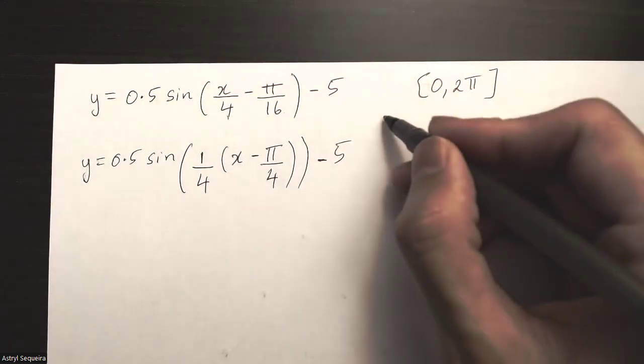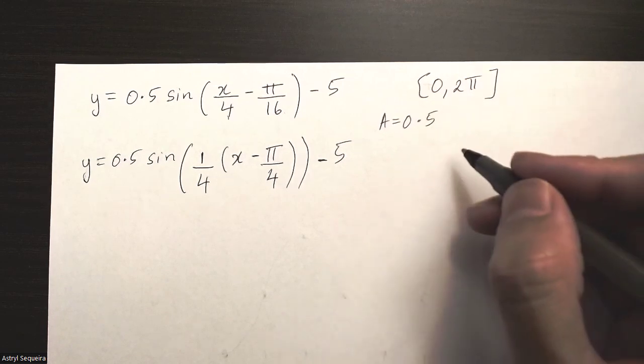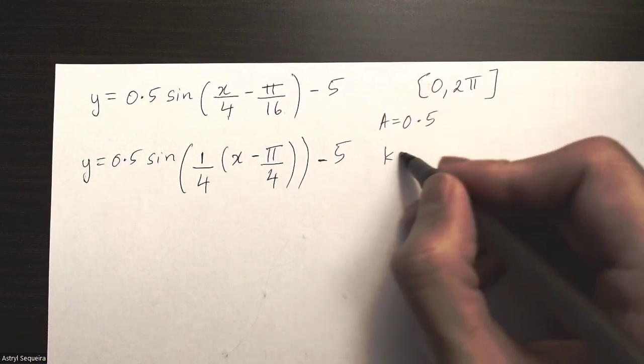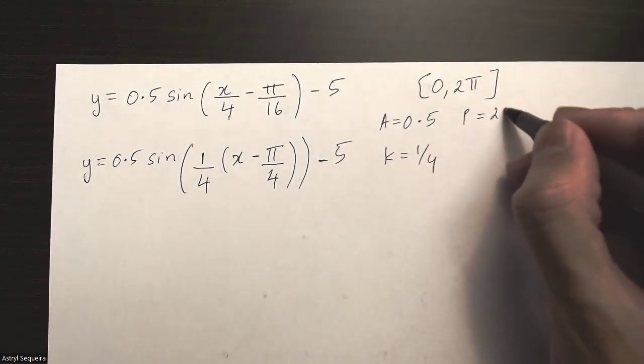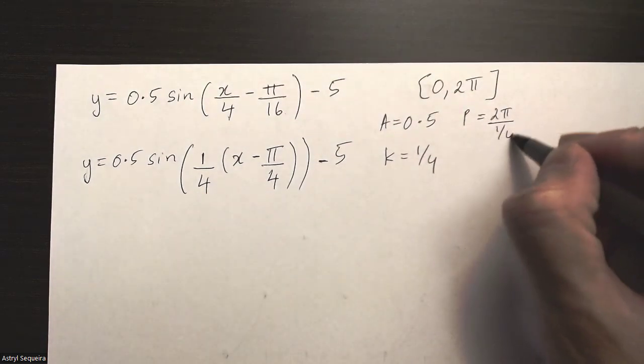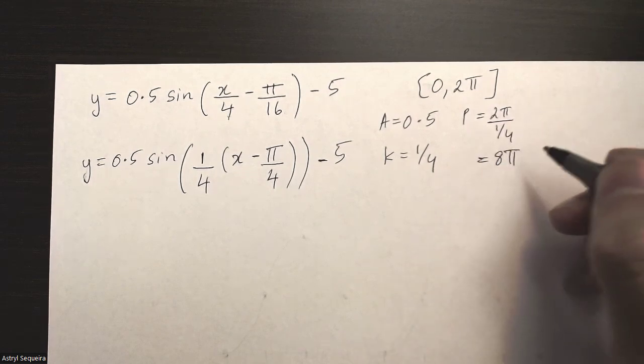So I know that my amplitude is 0.5. My k value is 1 over 4. My period is 2 pi divided by 1 over 4, which is just 8 pi.